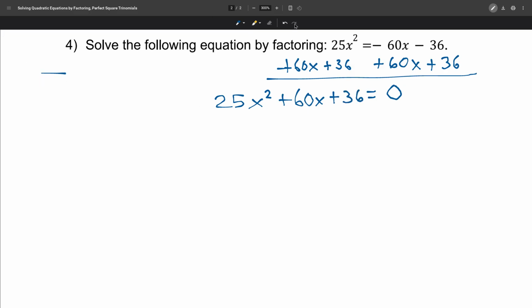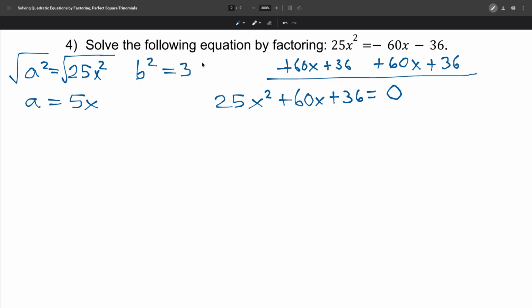All right, so if a squared equals 25x squared, well then a is going to equal 5x. And if b squared equals 36, then b is going to equal 6.